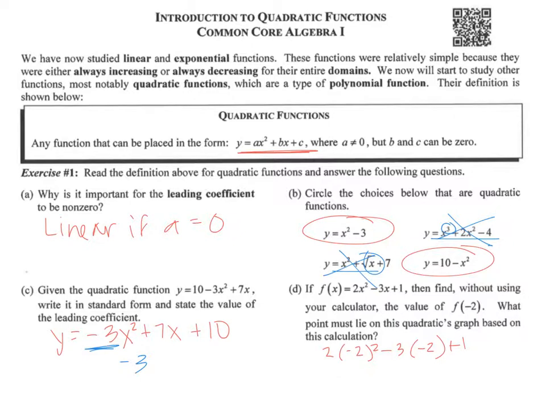You will still plug whatever that number is in for x. So this will be 2 times positive 4, because negative 2 times negative 2 is positive 4. Negative 3 times negative 2 is positive 6, plus 1. 2 times 4 is 8, plus 6, plus 1 is 15.